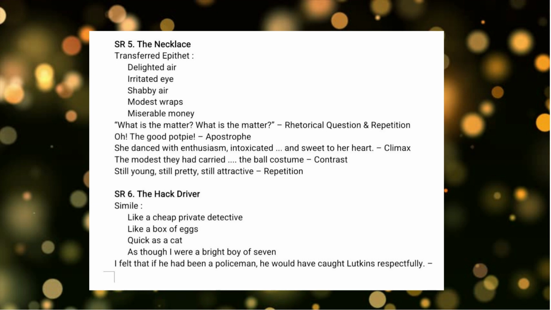Now what is the matter? What is the matter? Here we have used rhetorical questions and repetition. Oh, the good pot pea. This is called apostrophe. I have already taught you about this epithet and all that. So these are the examples which you should know.